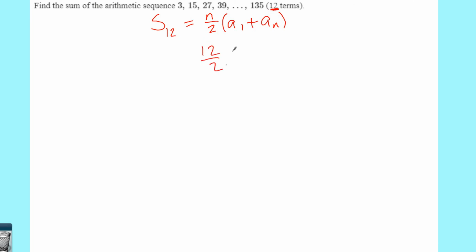We're going to do 12 over 2 times the first term, 3, plus the last term, 135. So really we're doing 6 times 138. Let's see, 6 times 138 is 828.